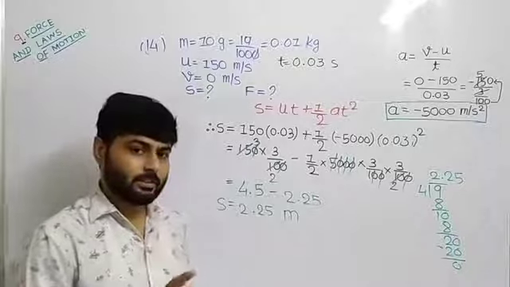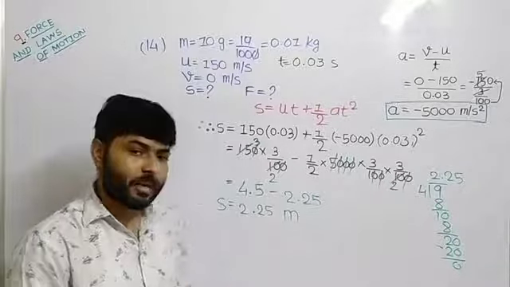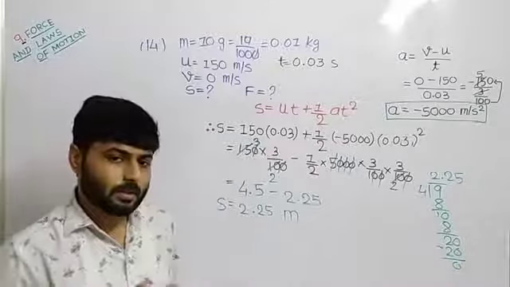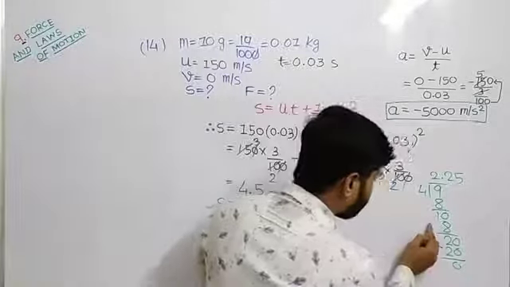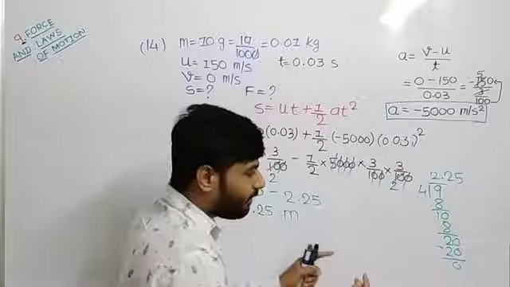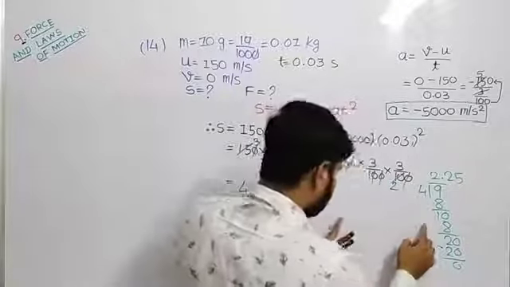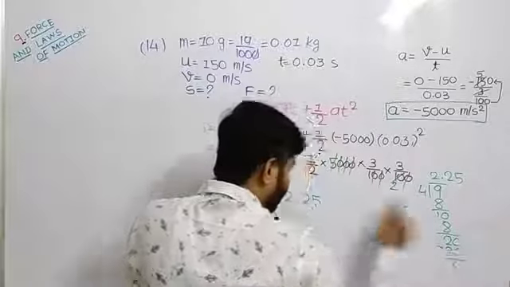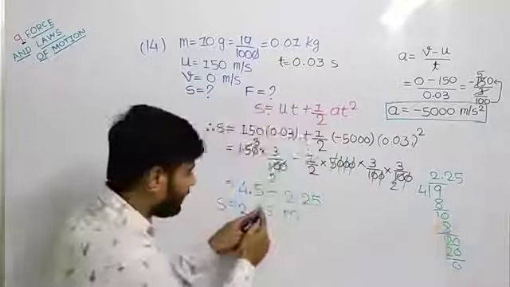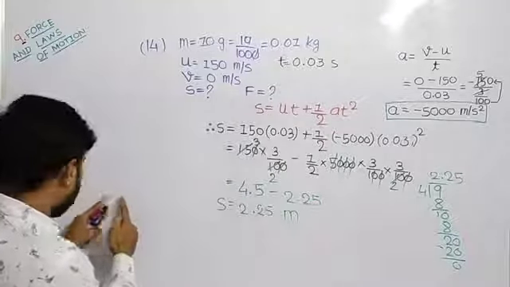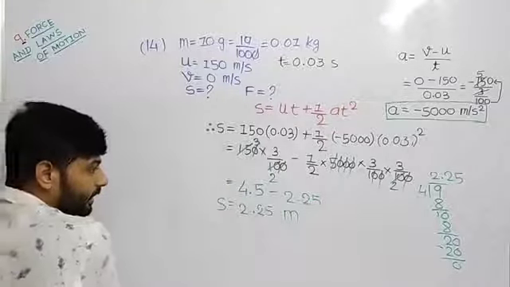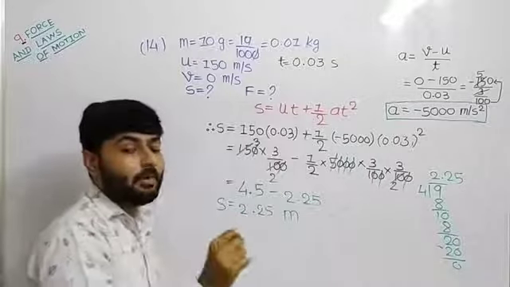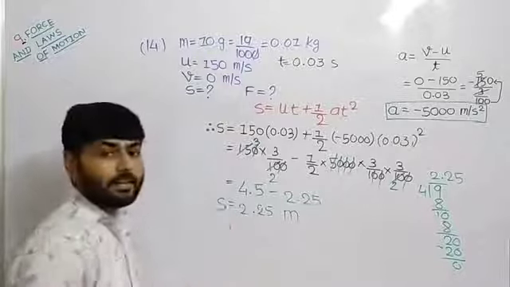Can you imagine this distance? What is 2.25 meter distance? Suppose this is 1 foot, this is 1 foot, and 1 meter is nearly equal to 3 feet, that is 1, 2 and 3 feet. Here is 3 feet, approximately 1 meter. This is 1 meter. This is 2 meter. And approximately this much distance will be penetrated into the wooden block by this bullet.